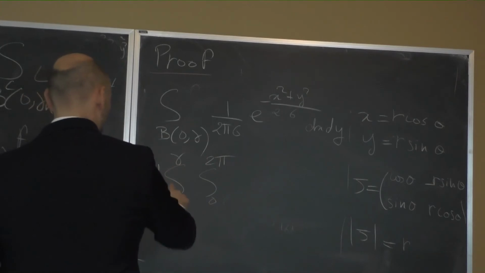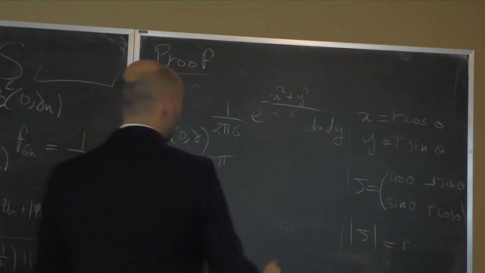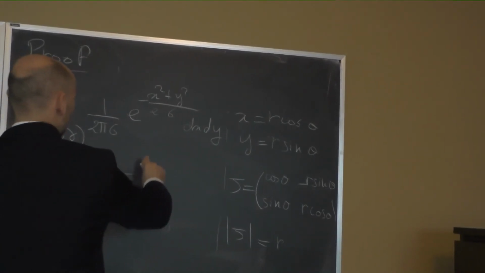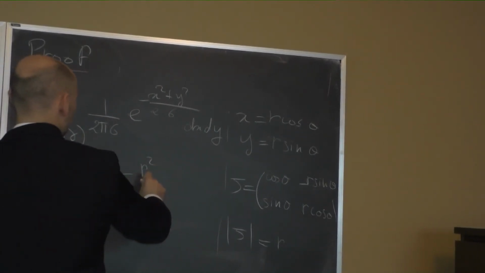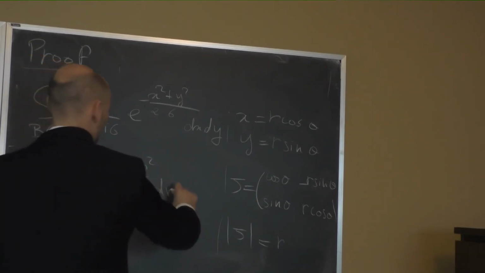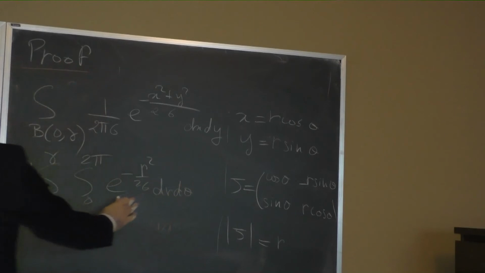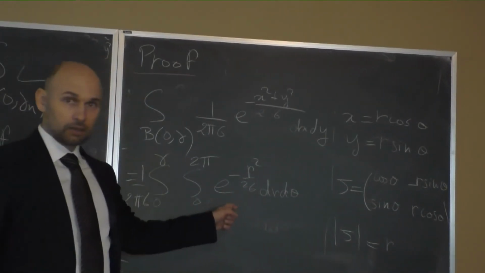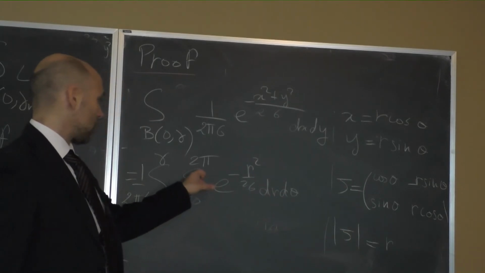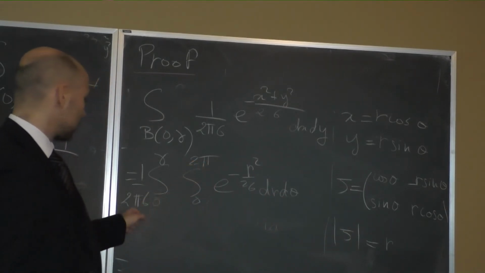I can put that here. And now I got this nice integral. But you see that this quantity does not depend on theta. So 2 pi will cancel this one.